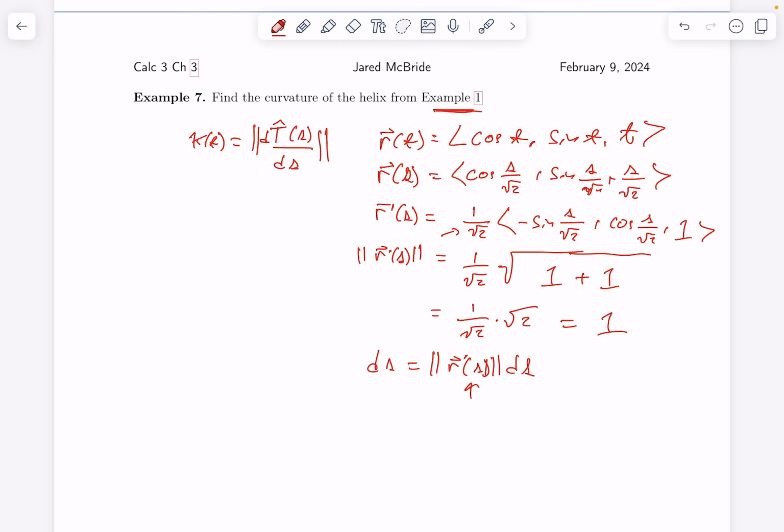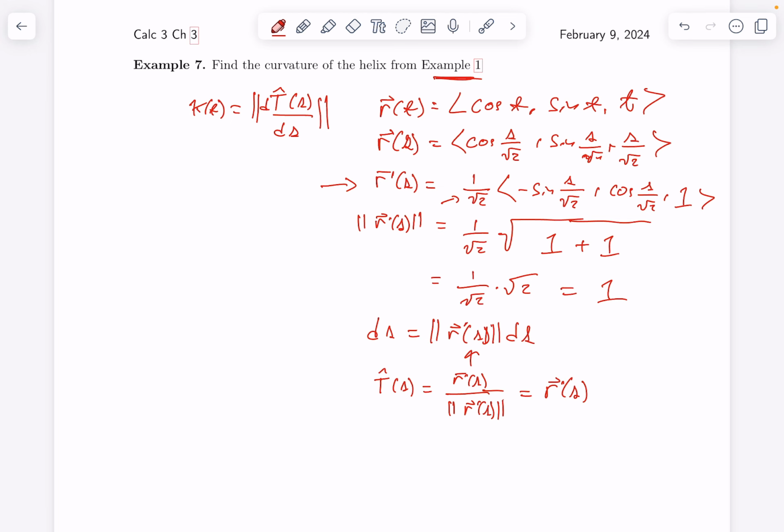So T hat of s equals r prime of s divided by the magnitude, which equals 1. So that's just r prime of s, which is what we have right here.